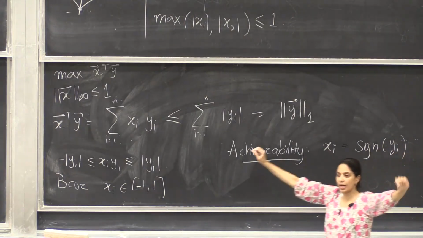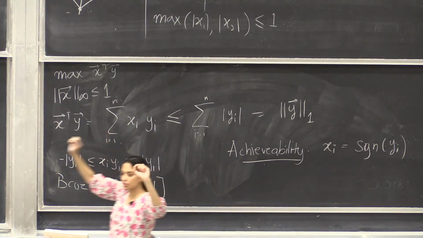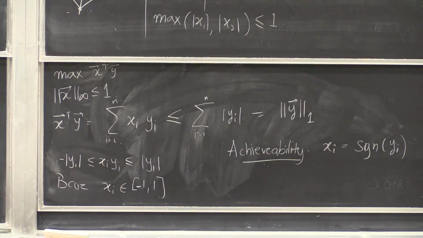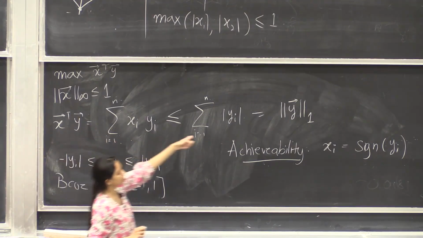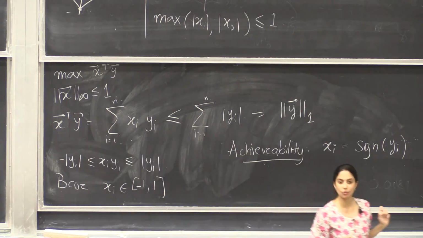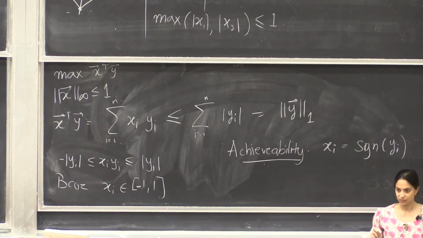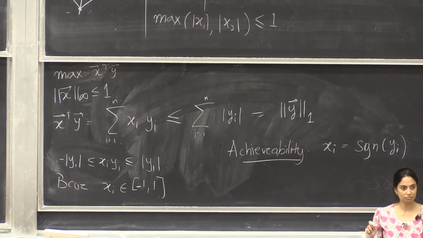So you have a vector x, which is just plus and minus 1s. Whenever y is positive, you choose plus 1. Whenever y is negative, you choose negative 1. And you're always going to get x transpose y equal to the sum of the absolute values of the y vector. Everyone see this? Everyone with me?